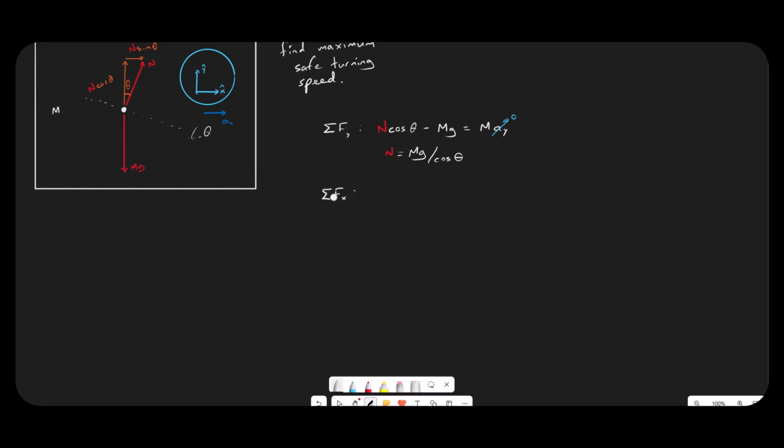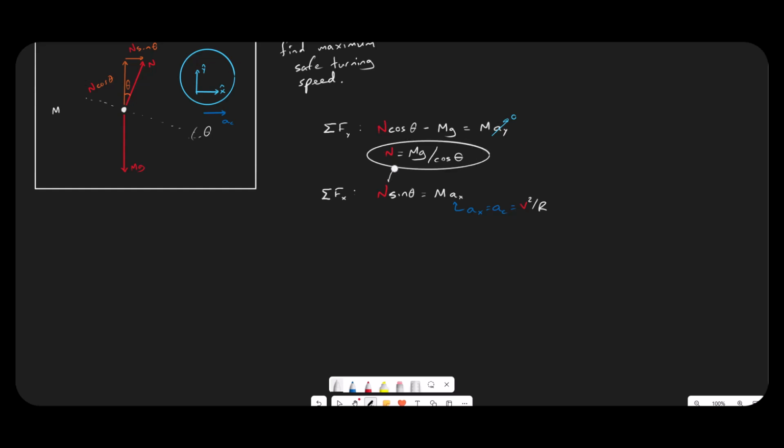Great. Now the x direction. In the x direction, I have just n sine theta. And that's going to be equal to mass times acceleration in x. Acceleration in x is a centripetal acceleration, and that's going to be equal to v squared over r. So I have my normal force.